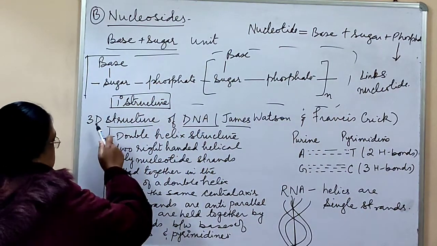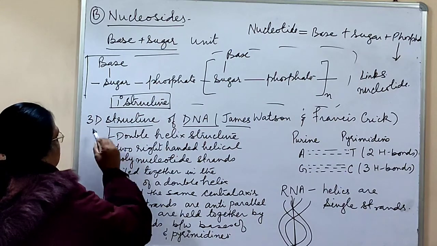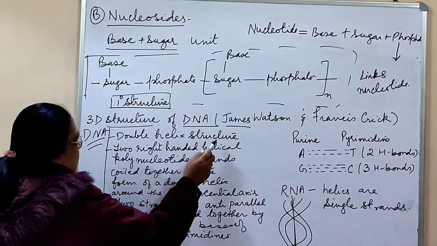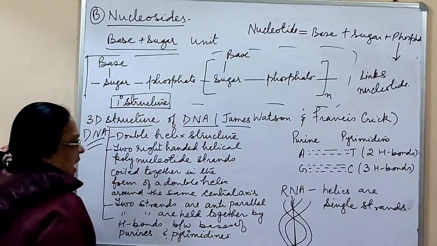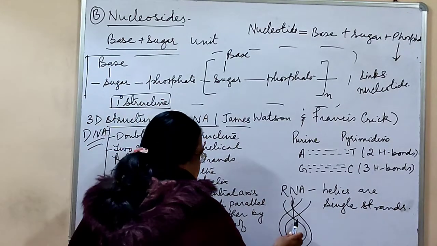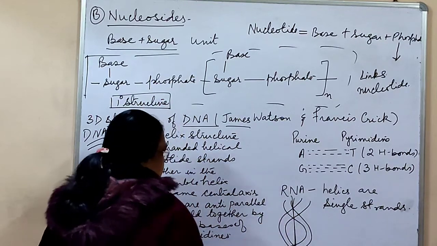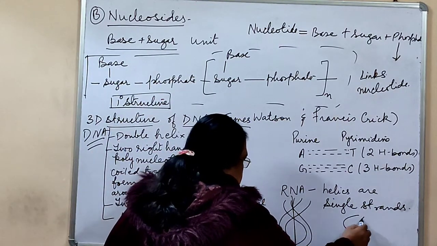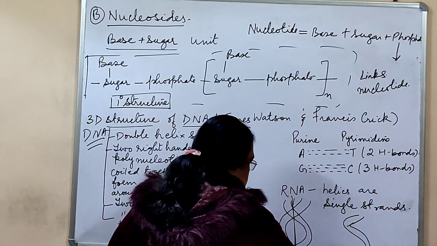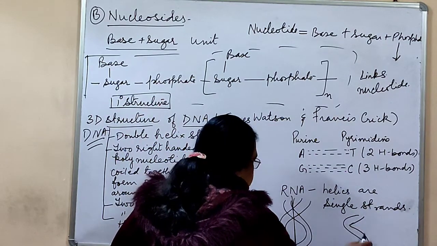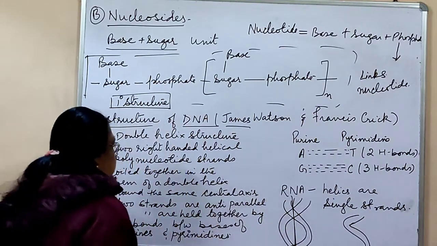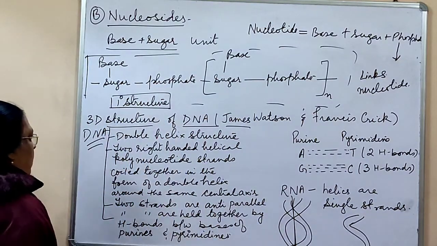So the DNA molecule has a double helix structure, and the RNA molecule has a single strand. This double helical structure is this, and this is a single. So the single structure is of RNA and the double-stranded structure is of DNA.